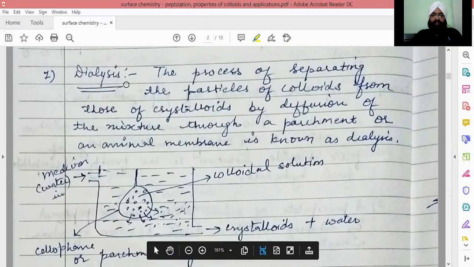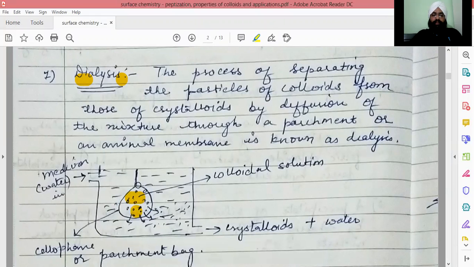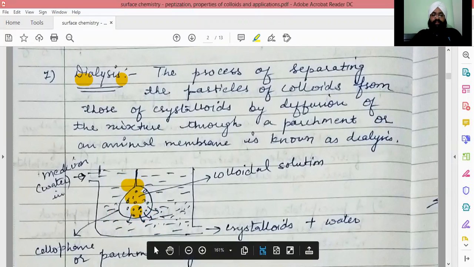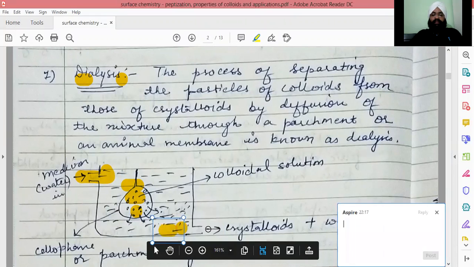In this technique, the colloidal solution is kept inside a parchment membrane or animal membrane and is placed in the dispersion medium, where the dispersion medium enters from one side and leaves the container from the other side.